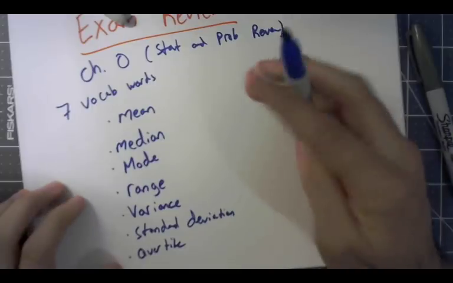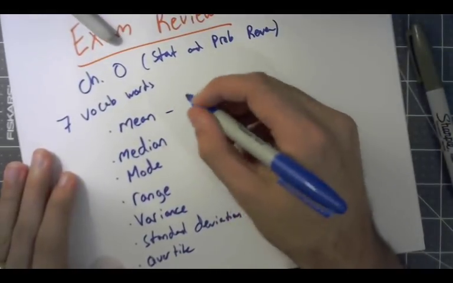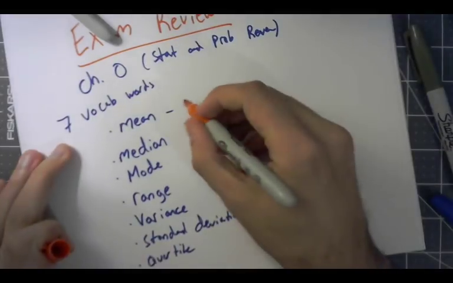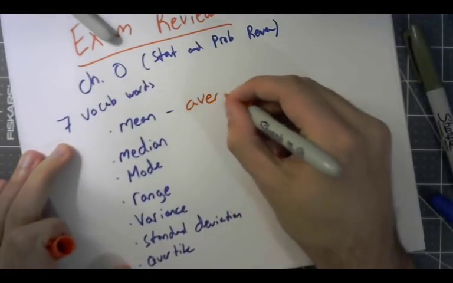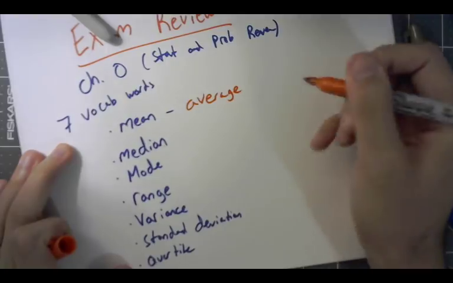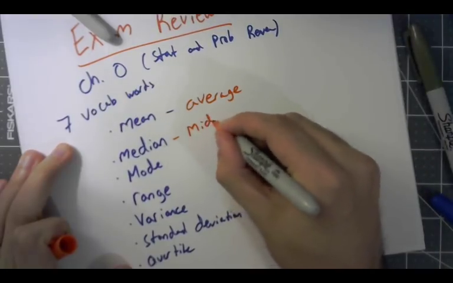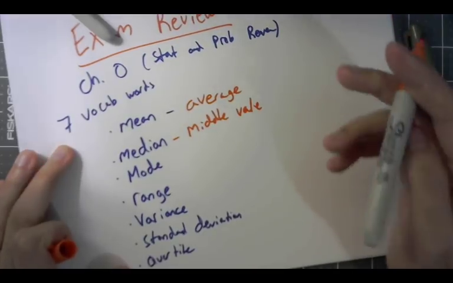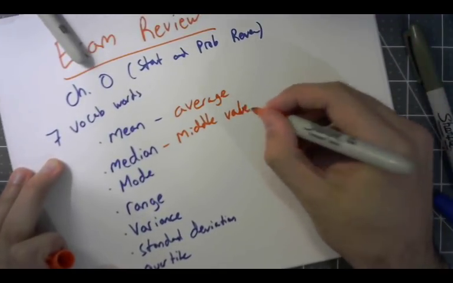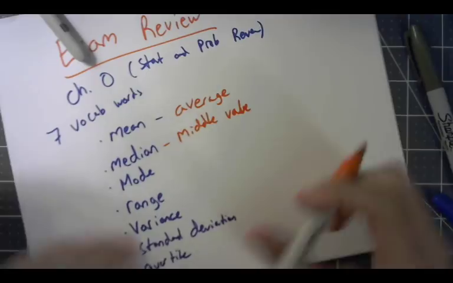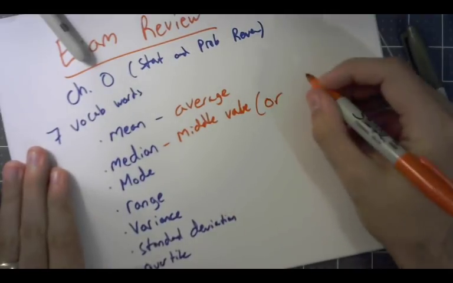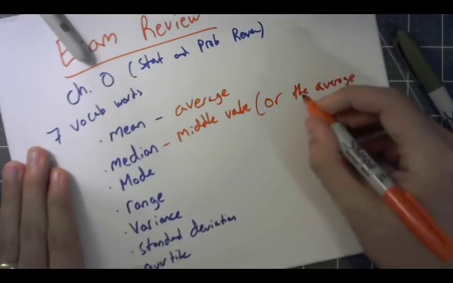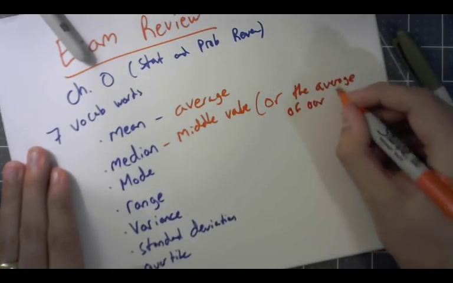So these were the vocab words we went over in chapter 0. We had our mean. That was just our average. I'm going to show you how to get all of these on your calculator. We have median. That's our middle value. But if we don't have one middle value, that's going to be the average of our 2 middle values.